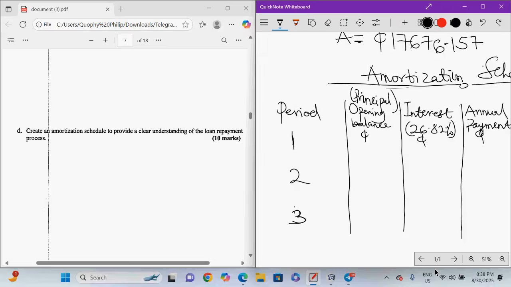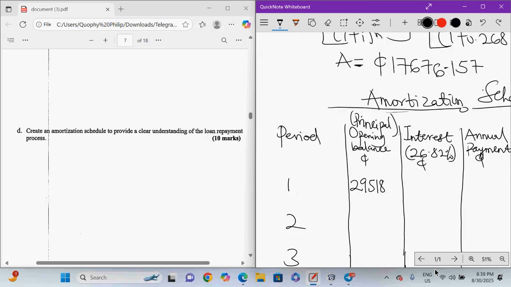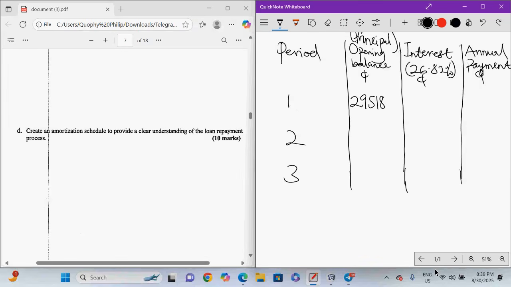Let me shift this one down a bit. 1, 2, 3. All right, so what is the principal? What is the loan? The loan amount is 29,518.5.